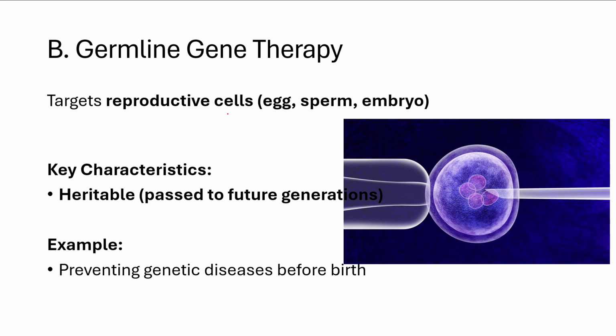And here's the thing, since you alter the reproductive cells, which could be the egg, the sperm, or the embryo, in the very sense that it's inheritable, it gets passed on. So let's take a look further at what the issue could be.